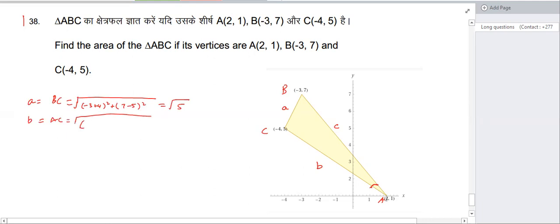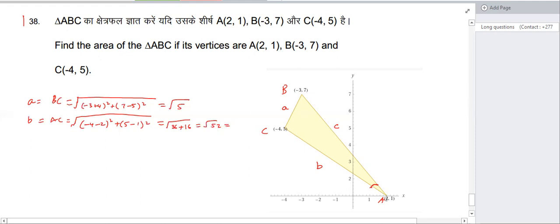AC is given by the square root of (-4 minus 2) all squared plus (5 minus 1) all squared, which is equal to the square root of 36 plus 16, which is square root of 52.